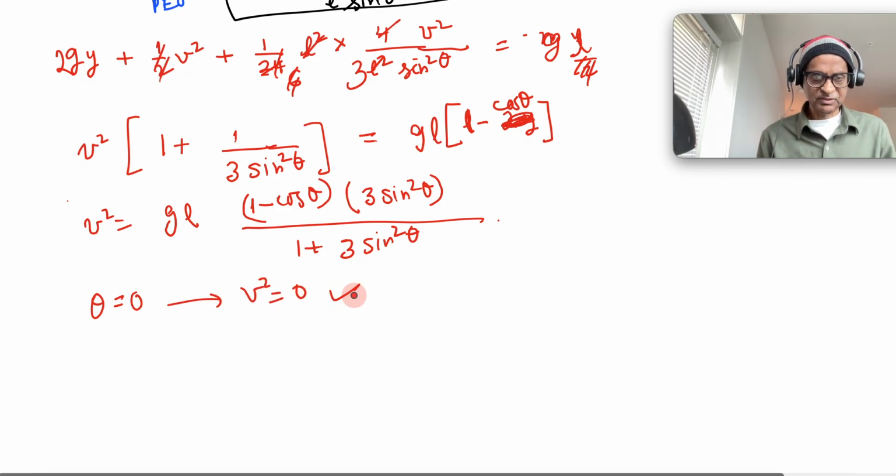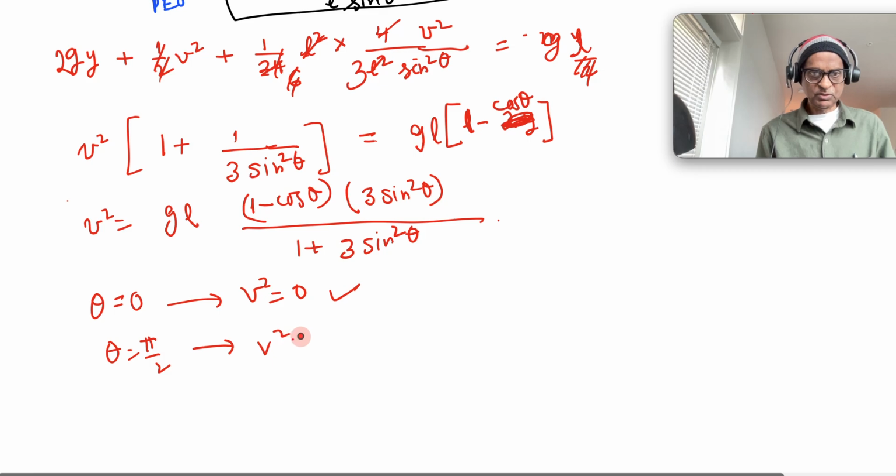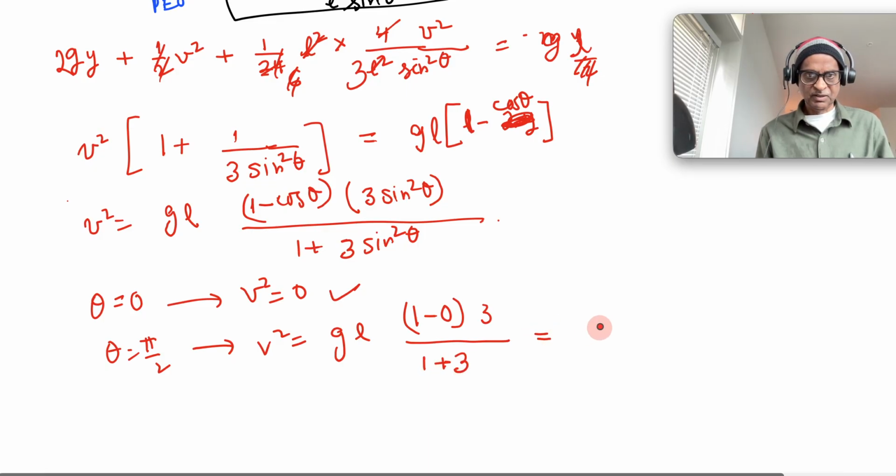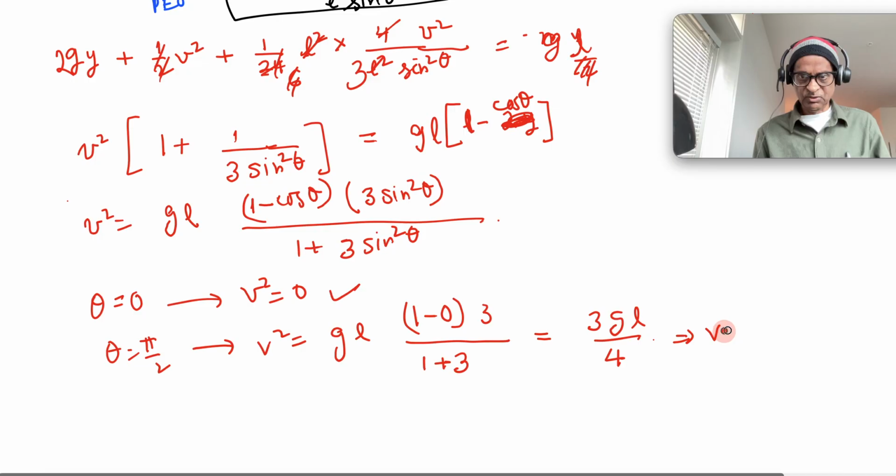That's correct. When theta equals pi over 2, this gives me v squared equal to gL times 1 minus 0, times 3 over 1 plus 3, so 3gL over 4. So v equals the square root of 3gL over 4.